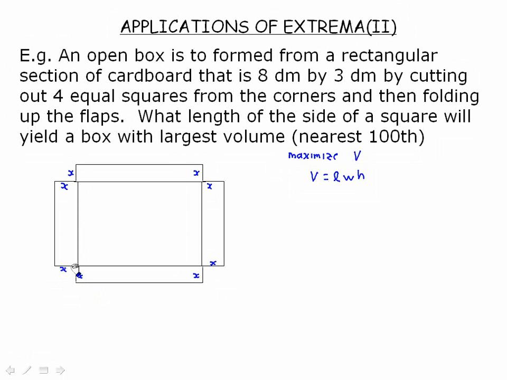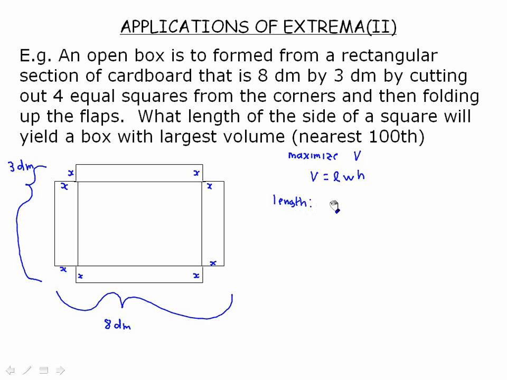We are aware that the entire length of this is 8 decimeters, and the entire width is 3 decimeters. So it works out pretty nicely that we can set out each of these variables in terms of x.